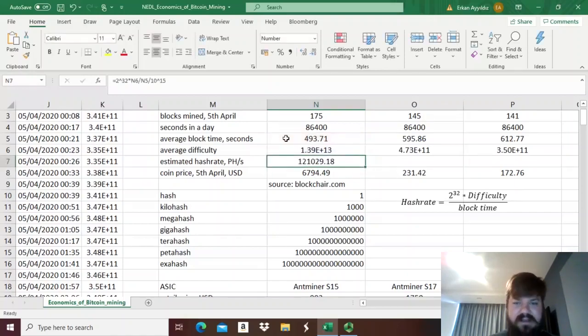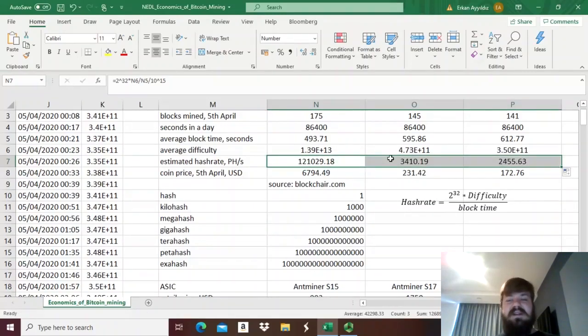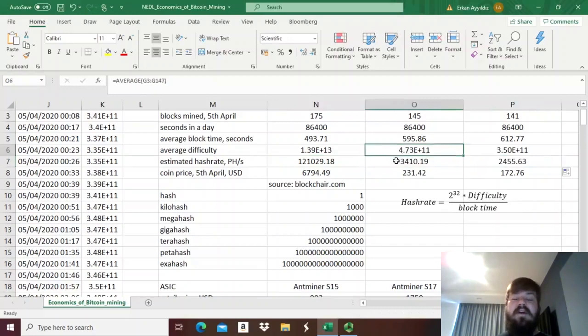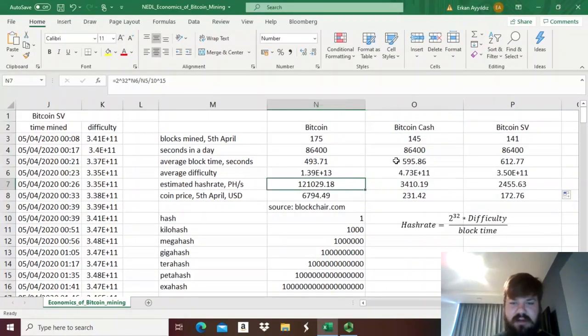We see that the hash rate of Bitcoin is 121,000 petahashes, or 121 exahashes, which are thousands of petahashes. Now we can drag this formula around and see that indeed the hash rates of the forks of Bitcoin, Bitcoin Cash and Bitcoin SV, are much lower than the one of the original chain.